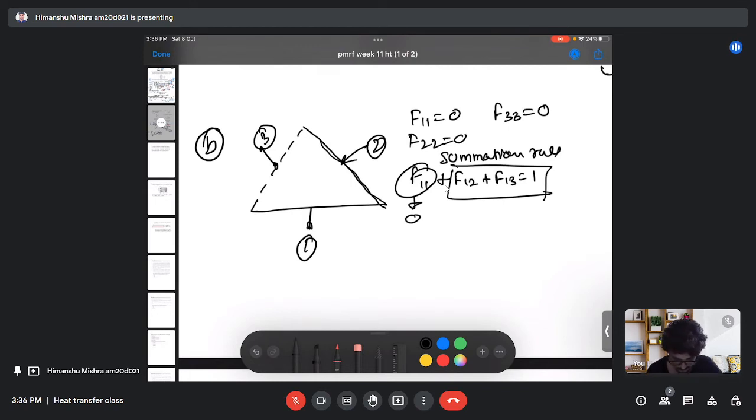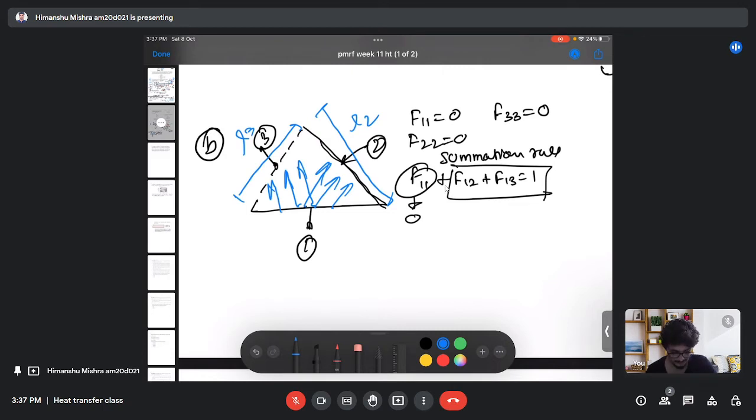And again, by inspection itself, we can see that the view factor, that means the radiation emerged from surface 1 will reach surface 2, and half of the radiation will reach surface 3 as well. So we have assumed that this side L3 and this side L2 are the same.